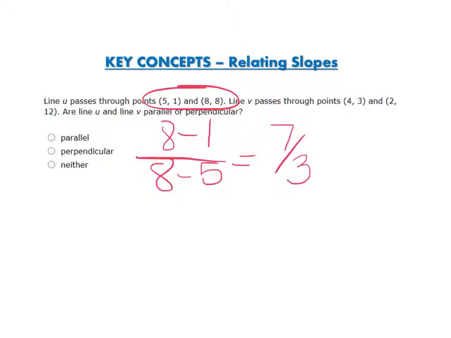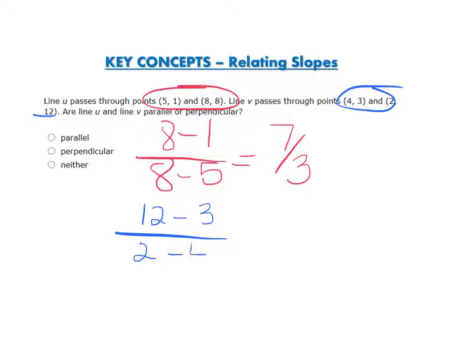I look at the next line, and I'm going to take 12 minus 3 over 2 minus 4. 12 minus 3 is 9. 2 minus 4 is negative 2. And because the numbers have nothing to do with each other, we know that those lines are neither parallel nor perpendicular.